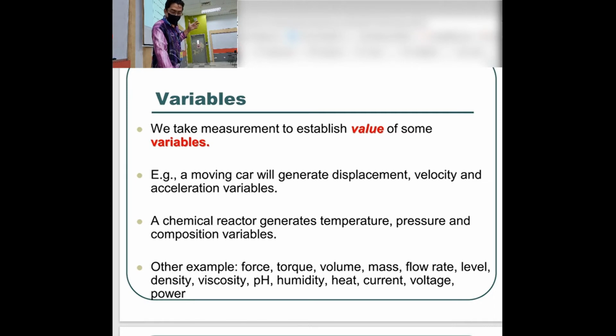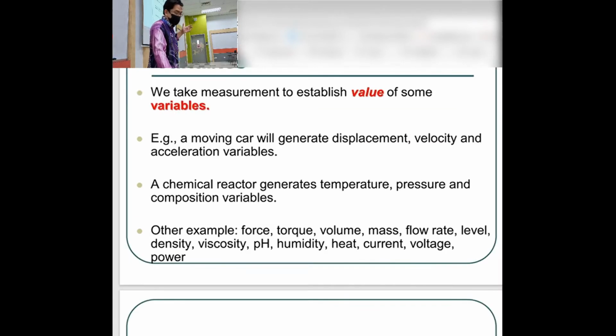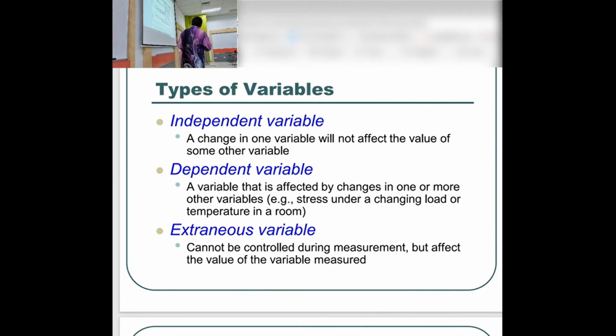Now we go to the details of the variables. We have three things: independent variables, dependent, and extraneous variables. Independent is not dependent on anything. Any variables can be independent variables.